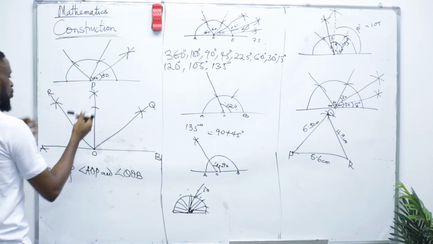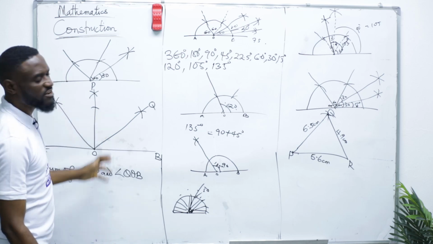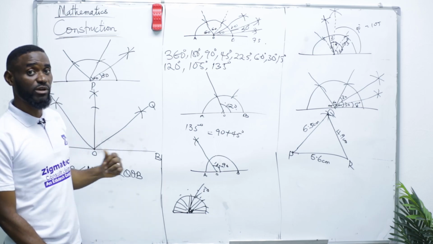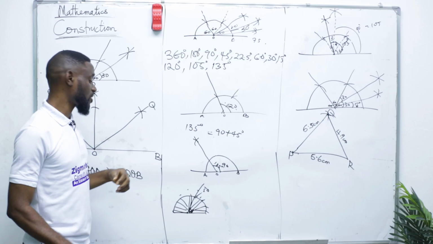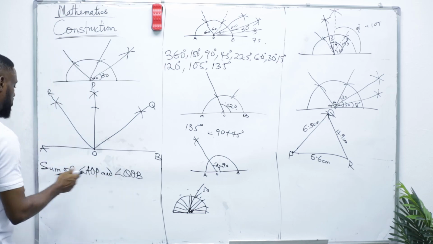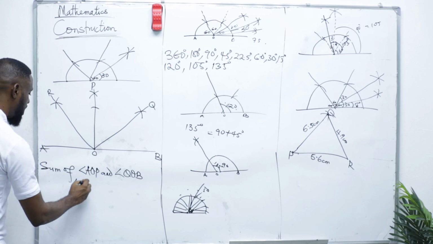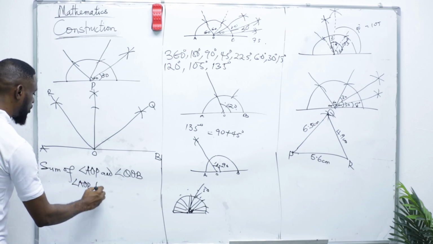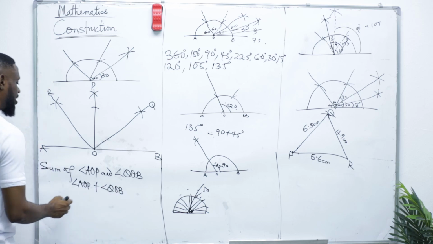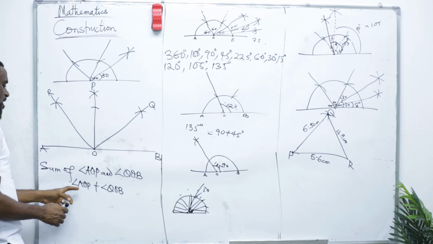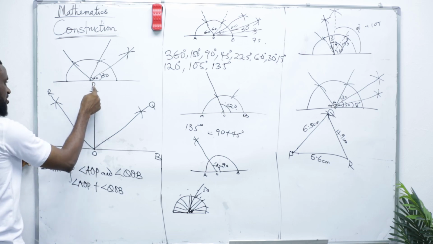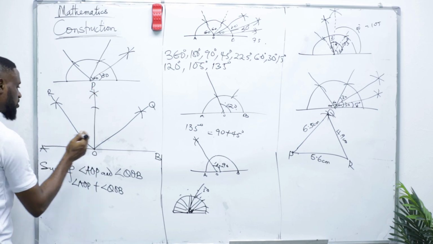They didn't give us any figure here, but from what we can see, we can interpret what these angles are. Do you understand the point? All right, so what this means is that they say we should add this and this. So this means angle AOP plus angle QOB. Is that okay? So what is our angle AOP? AOP, that is this angle. Of course, this is what they mean.